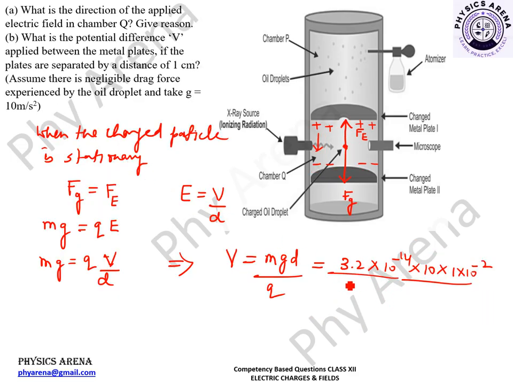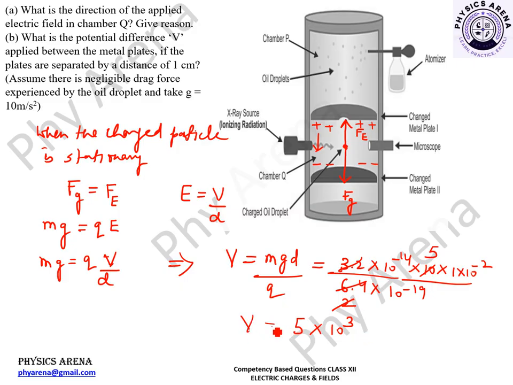We just need to take the magnitude, because the minus sign tells us the direction of force on the charged particle. So it will be 6.4 multiplied by 10 to the power minus 19. This gets cancelled out with this. We are left with 2. And this, after solving it out, becomes 5 multiplied by 10 to the power 3.